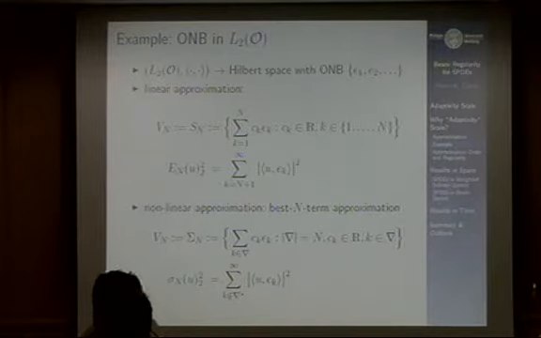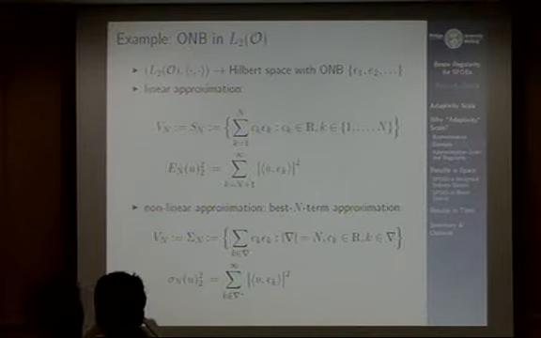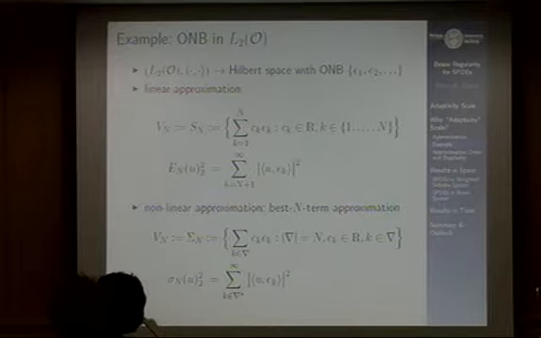But we can also do nonlinear approximation, and a common way to do it is the so-called best n-term approximation. There the subset Vn is the collection of all linear combinations of at most n elements of the basis, but which elements we use is not fixed a priori.